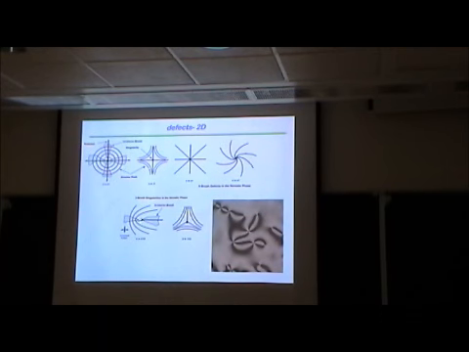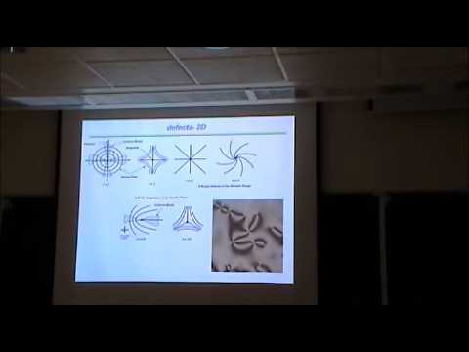These are 2-dimensional patterns in this case. The molecules are all parallel to the screen, but changing their mutual orientation. In these drawings, the solid lines represent the director, that is the orientation of the molecules. For example, if you have a defect like this, you'll have 4 dark brushes between crossed polarizer and analyzer. That's a 2-pi rotation of the orientation.